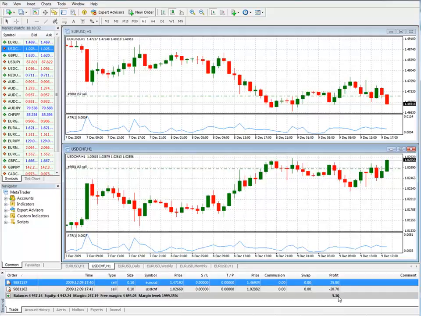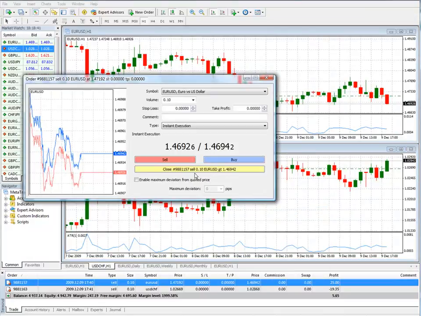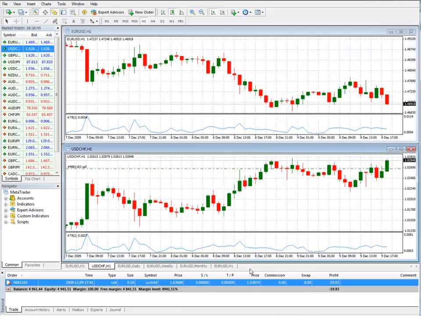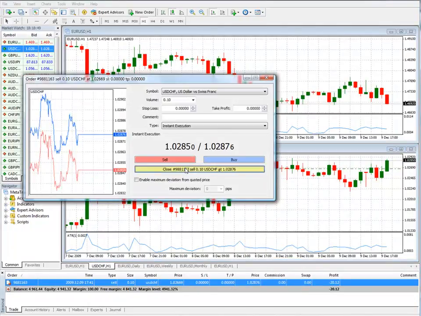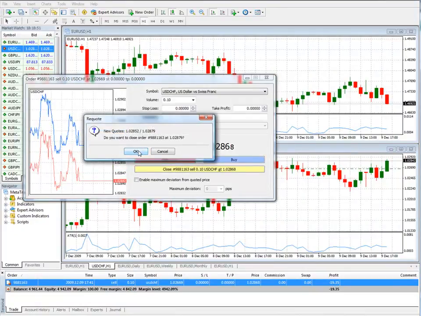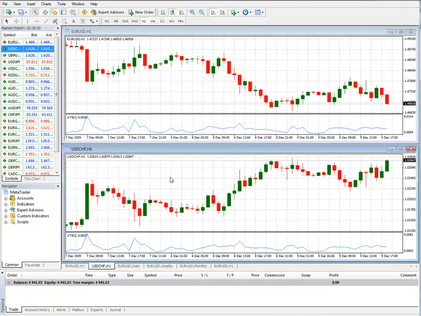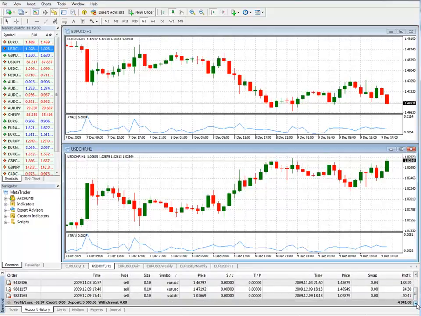Or if you're in a scalping mood, like we're going to be right now, we're going to jump in with just a little bit of profit, and we're going to close that order. Done. Okay, let's see, account history shows the last two trades.